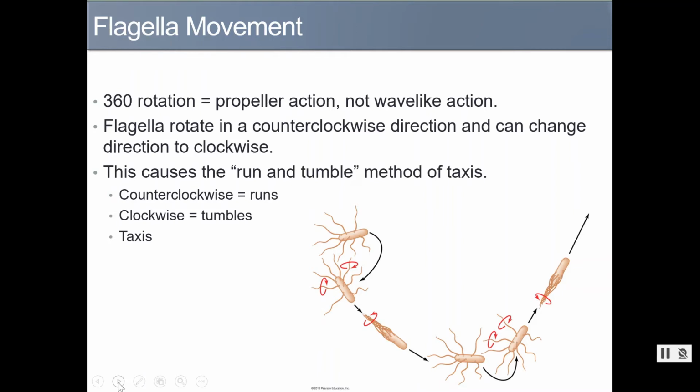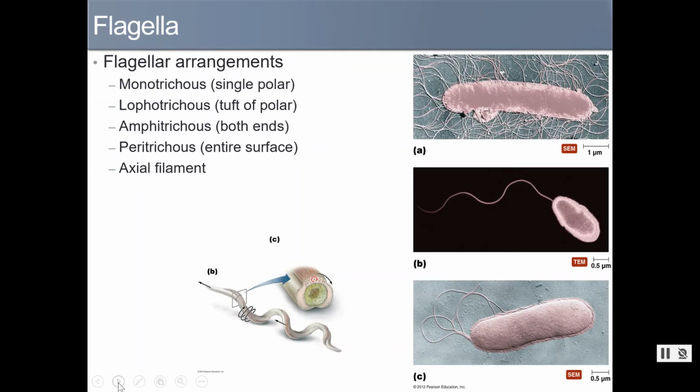Okay, what else do we need to know about flagellum? We need to know how they're arranged. Typically, when we think of flagellum, we're thinking of this monotrichous arrangement, where you have one flagellum coming out the end, but there are other arrangements that we see. There is an arrangement called a paratrichous flagellum. This is where you have flagella all around the perimeter, covering the entire surface.